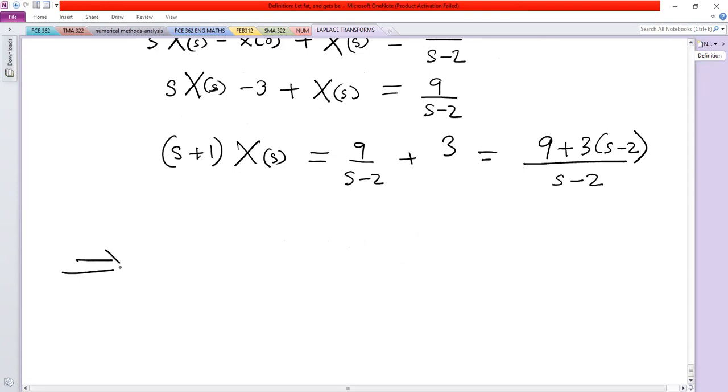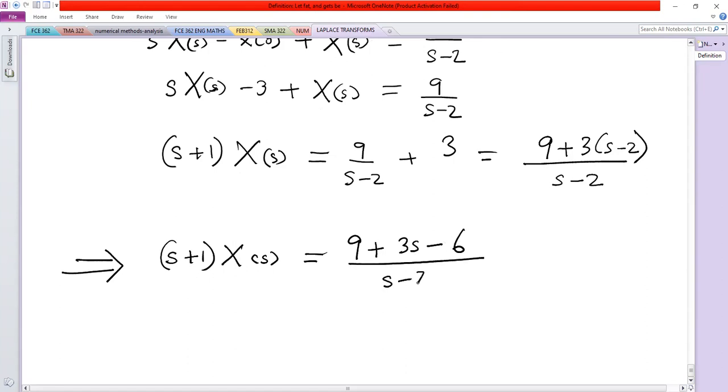So (s plus 1) times X(s) will be (9 plus 3s minus 6) over (s minus 2).